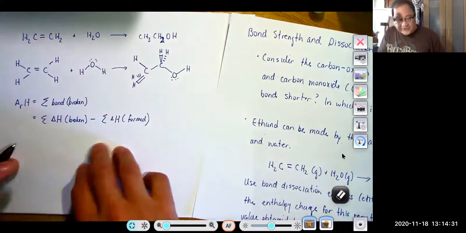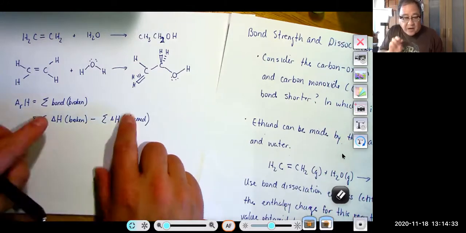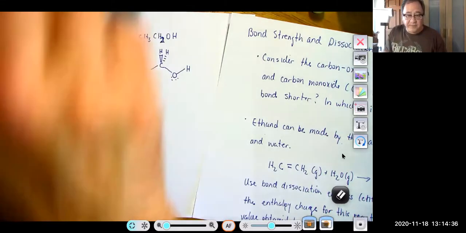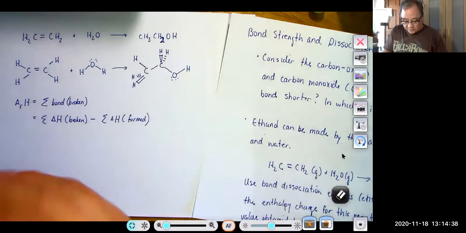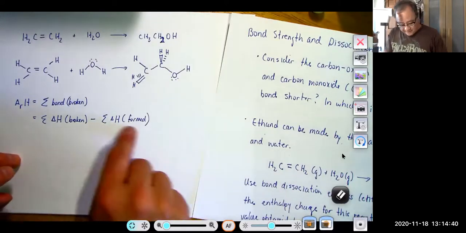The reason this is a negative is that when you break a bond, you have to put energy in, and that's endothermic. But when the bond reforms, it's exothermic. So that's why you have a negative here.